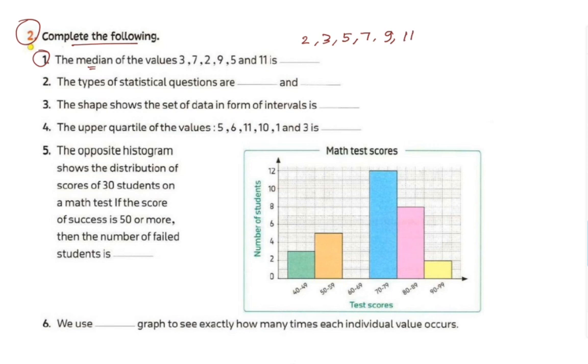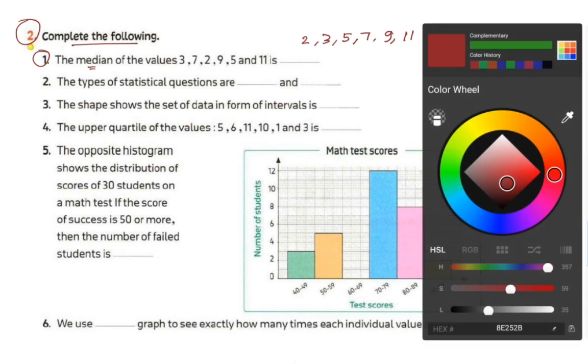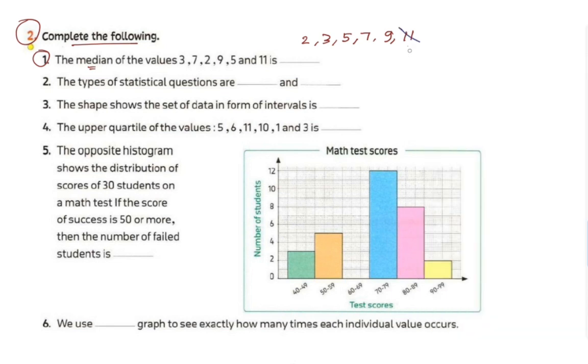Now, to find the median, delete one from right, one from left, and so on. Now we have 2 numbers. What's the number in between 5 and 7? Of course 6. If you don't know, just add 7 plus 5 over 2, that's 12 over 2, equal 6. So 6 is the right median.